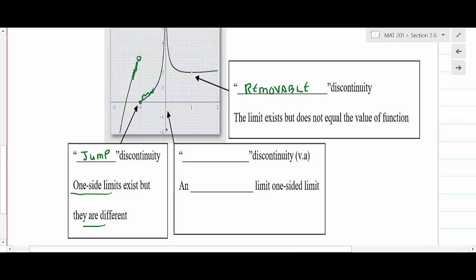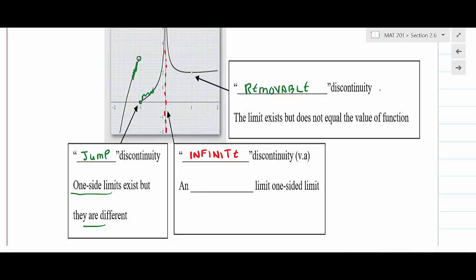What you really have in here is a vertical asymptote. In this case, we usually call this an infinite discontinuity. The limits may or may not exist in this case.